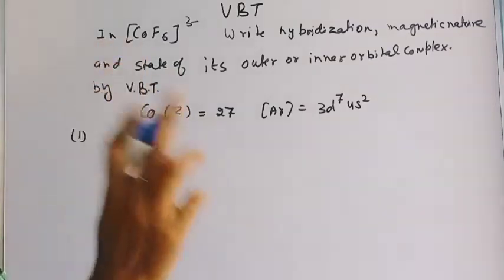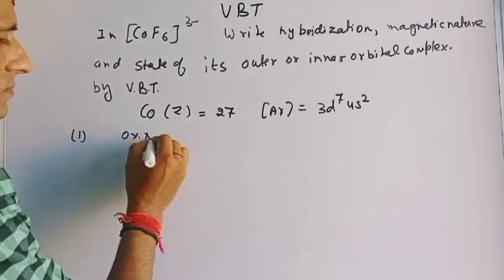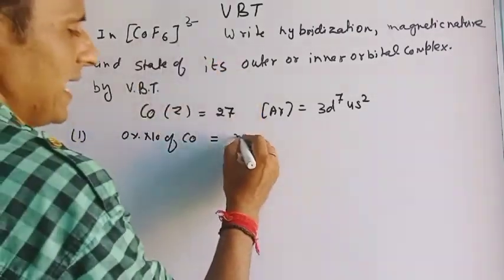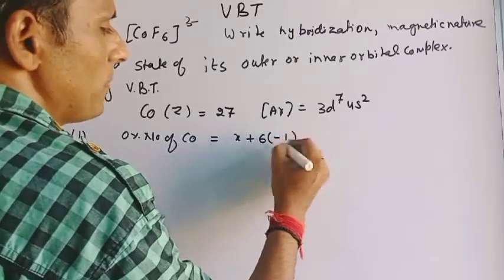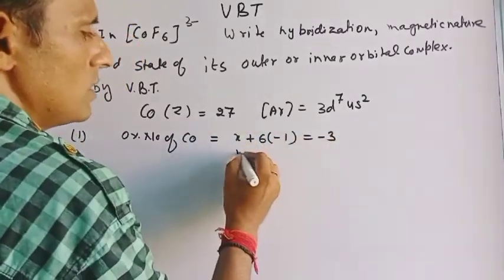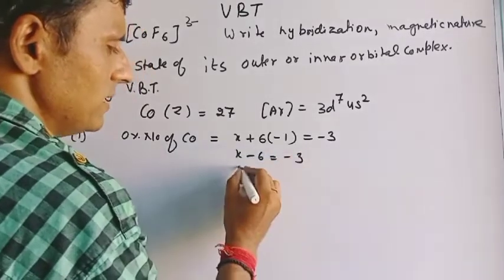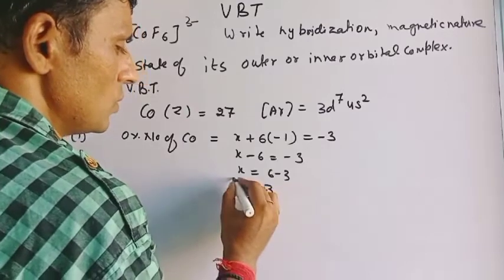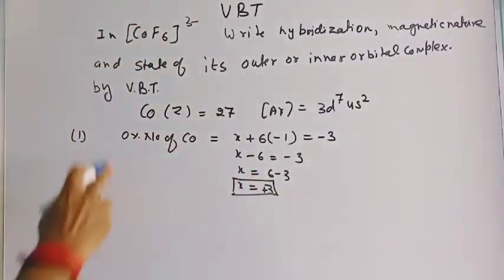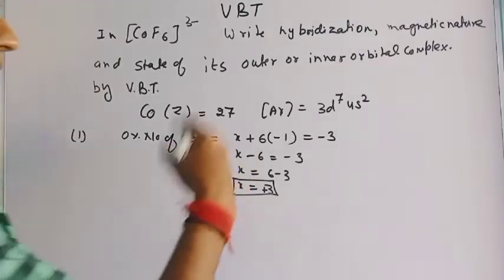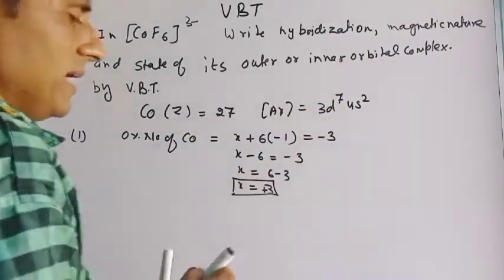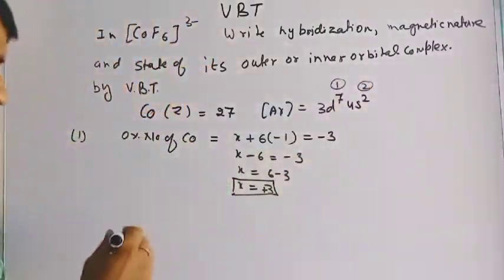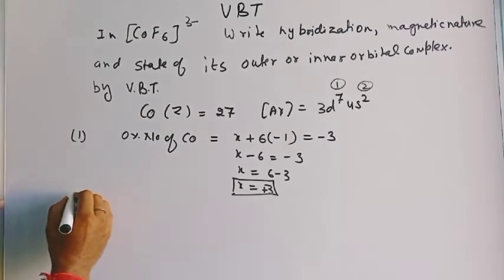First we find the oxidation number of Co. It is x minus 6 is equal to minus 3, so x equals 6 minus 3, that is x equals 3. So if the oxidation number of cobalt is 3, it means it loses 3 electrons. Of these, 2 are lost from the 4s and 1 from the 3d side.